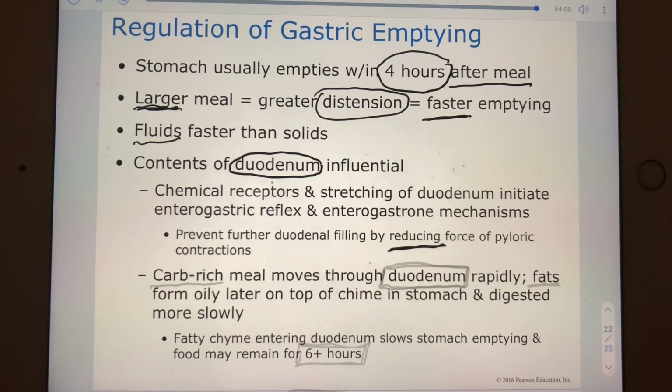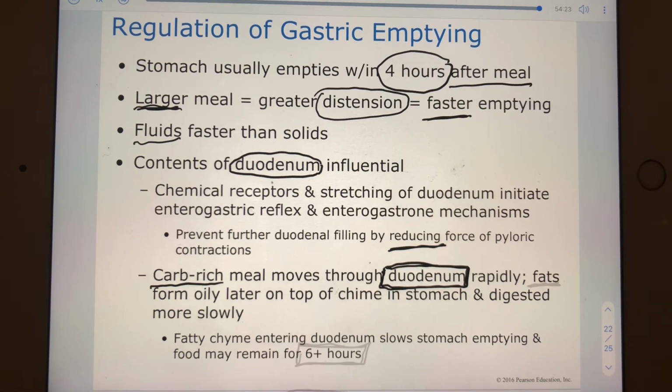When we consume a meal that's rich in carbohydrates, that meal is likely to move through the duodenum, not the stomach, the duodenum, faster. And that means that we're going to, in turn, empty the stomach faster, okay?